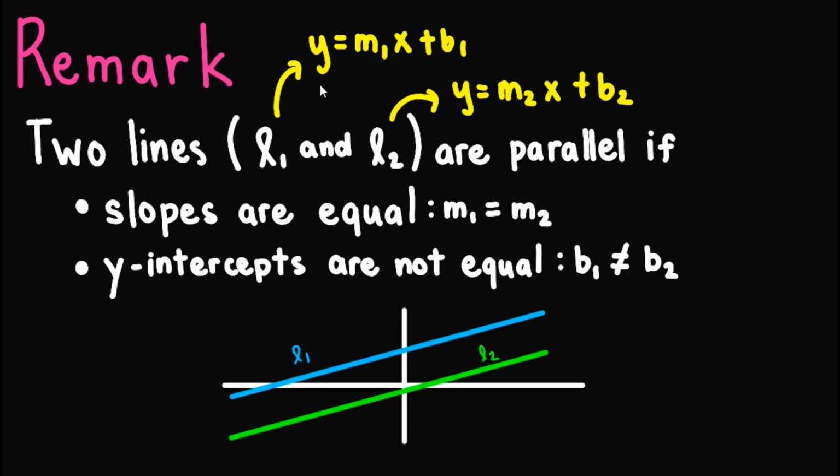So these two lines are parallel if m sub 1 is equal to m sub 2, as written in here, and if b sub 1 and b sub 2 are not equal.